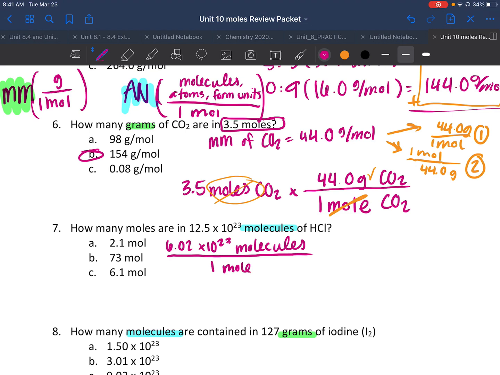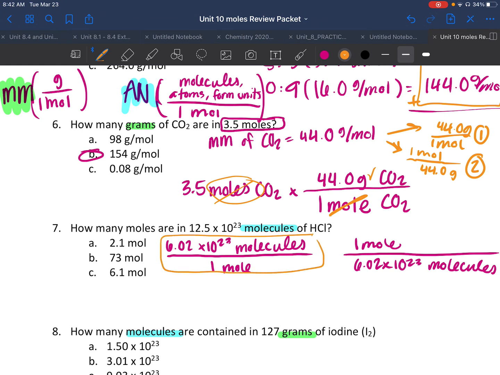And so remember, this can also be written as 1 mole over 6.02 times 10 to the 23rd molecules. So it's going to be up for us to decide, do we use option 1 as our conversion fraction or option 2? And so how we're going to do that is we're going to start with what we know.